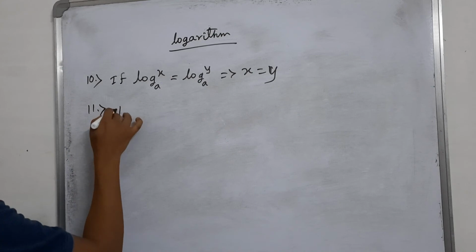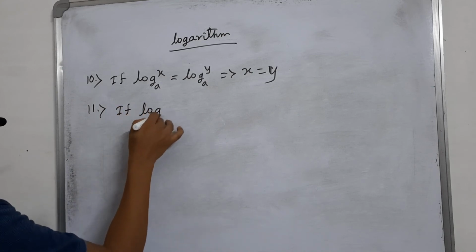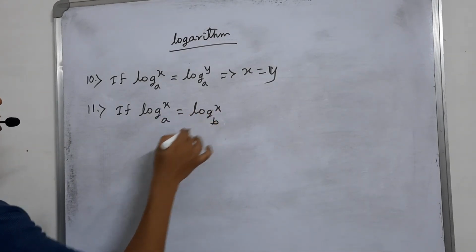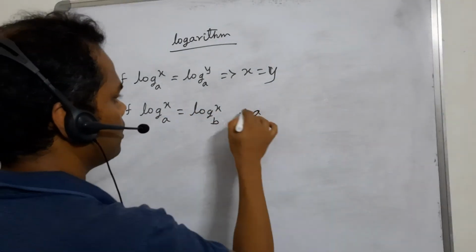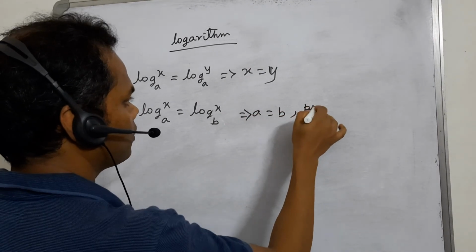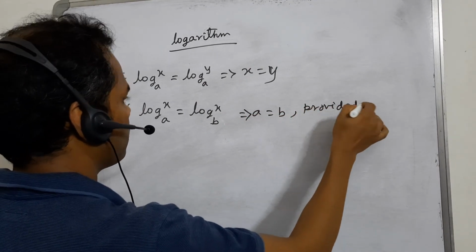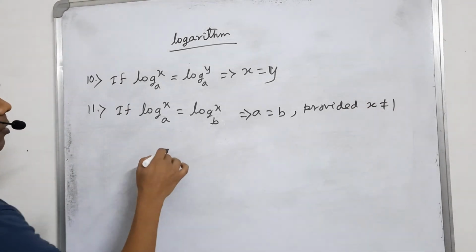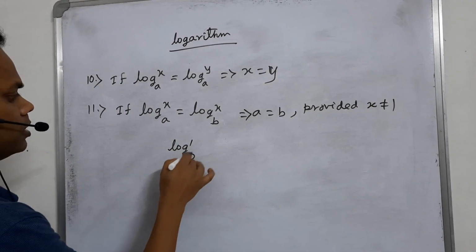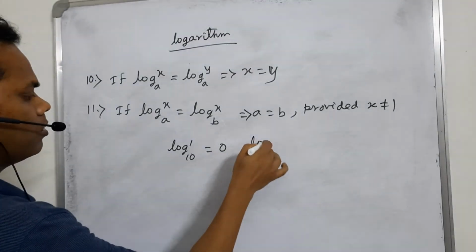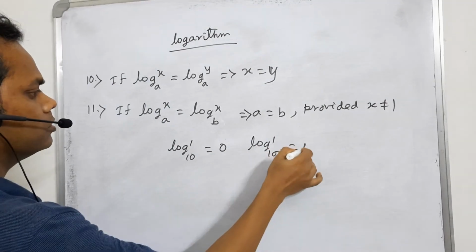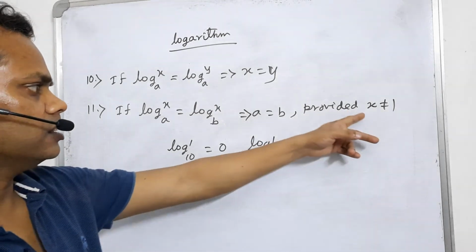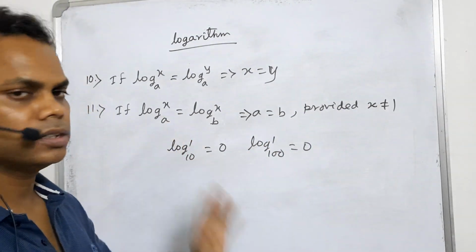If log x to base a is equal to log x to base b, that implies a equals b, provided x is not equal to 1, because log of 1 to base 10 is equal to 0 and log of 1 to base 100 is equal to 0 also. Then 10 would equal 100 by this formula. That's why x is not equal to 1, otherwise the relation is true.